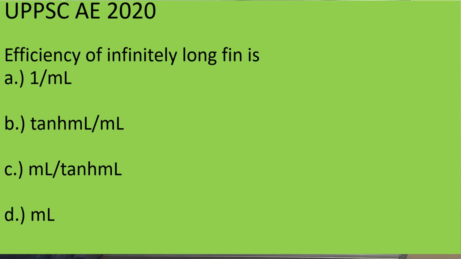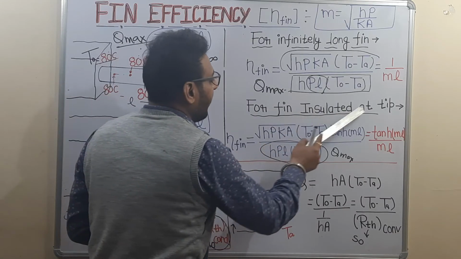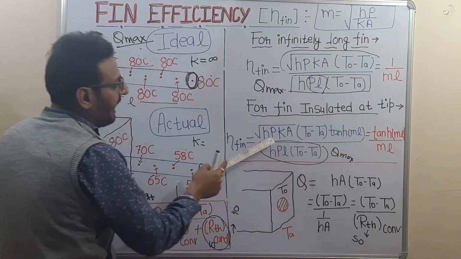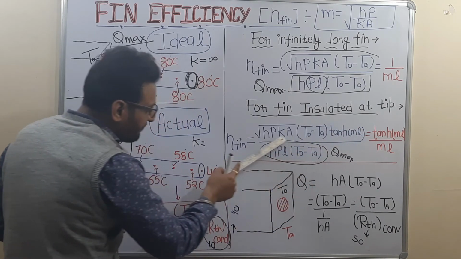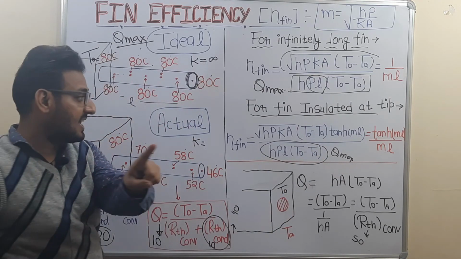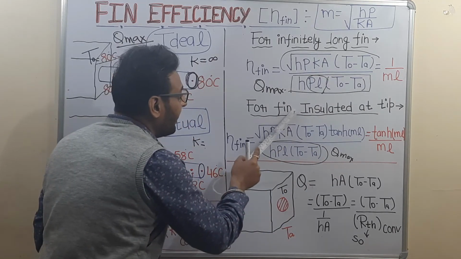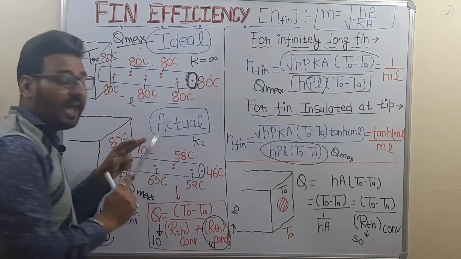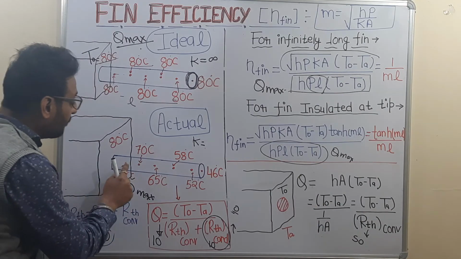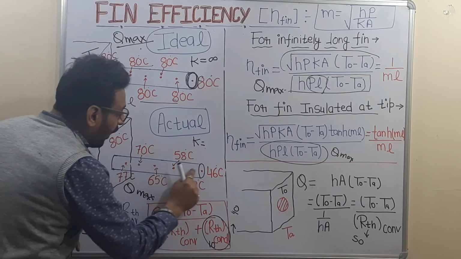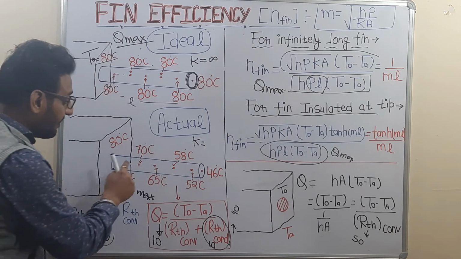Now, for a fin insulated at the tip, the actual heat transfer rate is given by this formula, and this is the maximum heat transfer rate in which there is only convective resistance. In actual heat transfer rate, both resistances exist, conductive and convective, because due to the conductive resistance, the temperature along the length of the fin is decreasing.